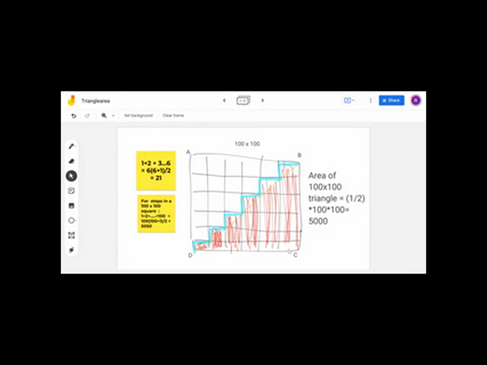Tell me, if I rotate this last column around DC, what is the height of the cylinder I get and what is the radius of the cylinder that I get? Height is 1 by 100 and radius is 100, sir. Yes, you said that if I rotate this last column, I will get a cylinder of height 1 by 100 and radius 1.